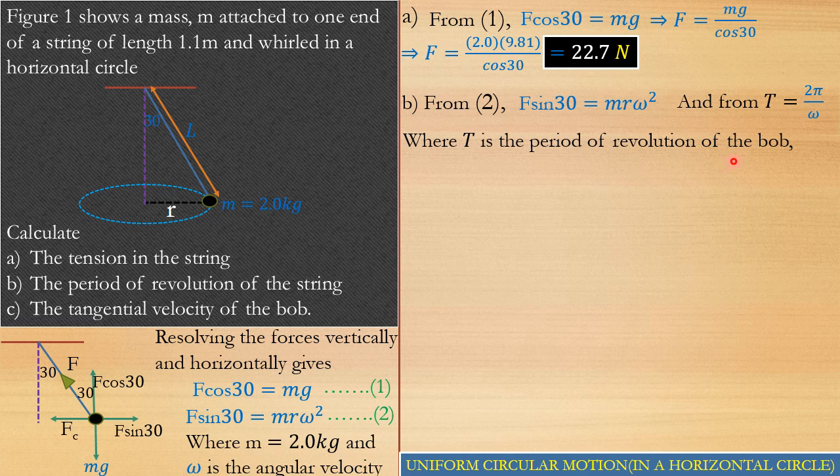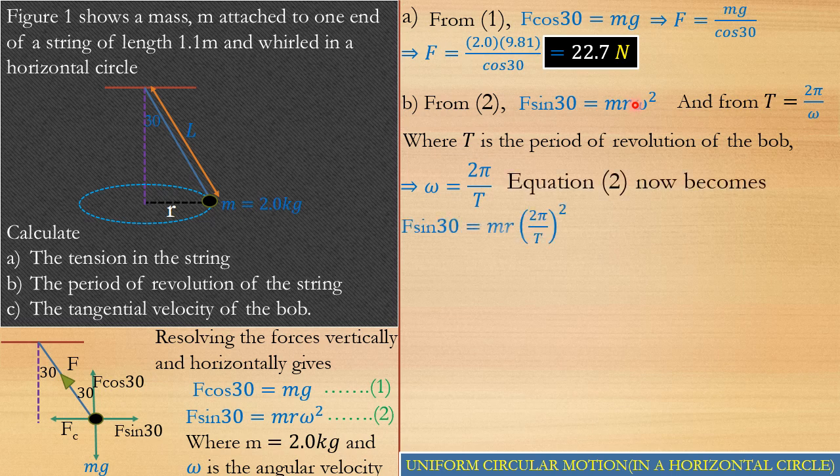That therefore implies if we make omega the subject here, our omega simply becomes 2 pi over T. Now, if we substitute omega equal to 2 pi over T in equation 2, we are going to have F sine 30 equal to M r, and omega is 2 pi over T, so we have 2 pi over T squared.